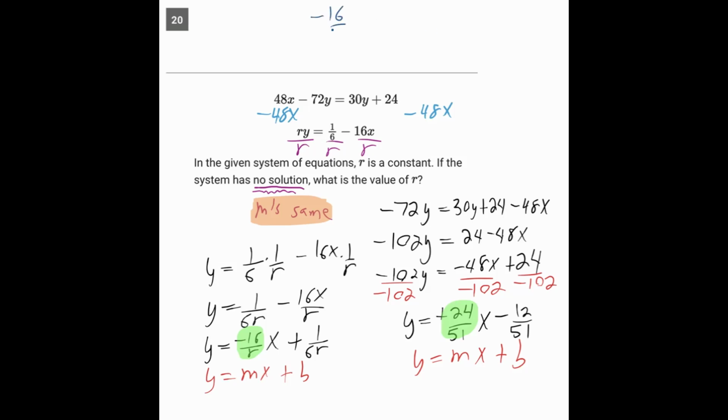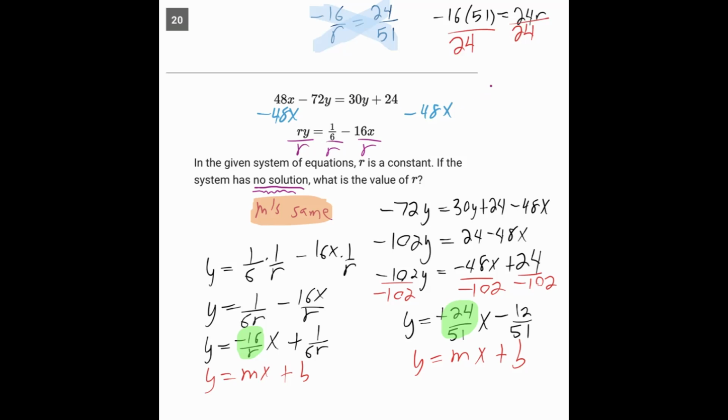Negative 16 over r equals 24 over 51. That's a proportion, which means we can cross multiply it. We can do negative 16 times 51 equals 24 times r. Now we can divide the 24 from both sides.